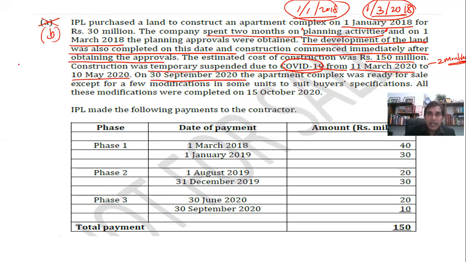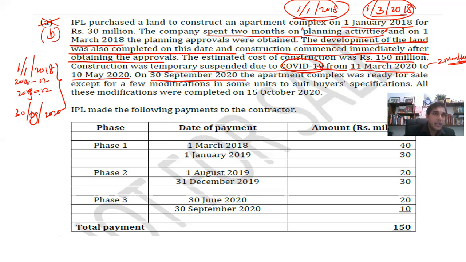The starting date is 1st of January 2018, and the closing date is 30th September 2020. So how many months? For 2018, 12 months. For 2019, another 12 months.